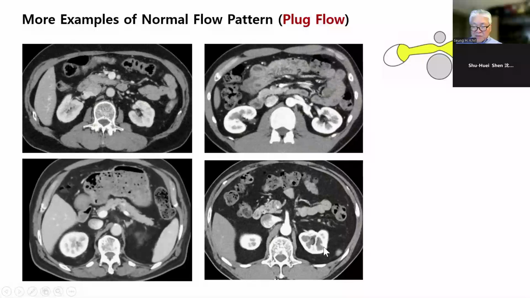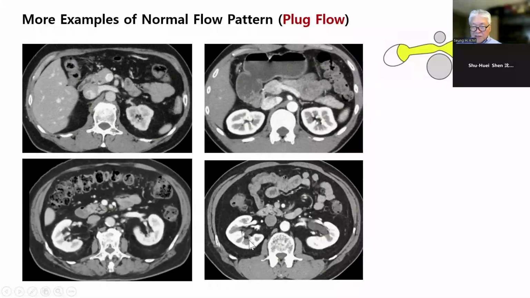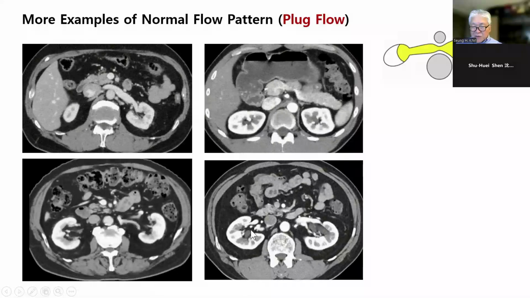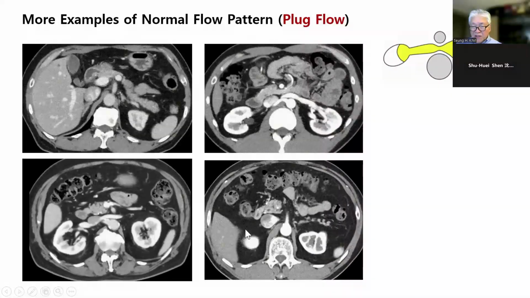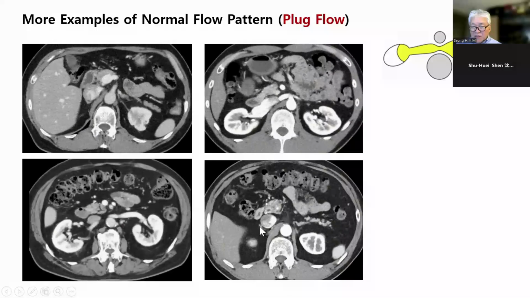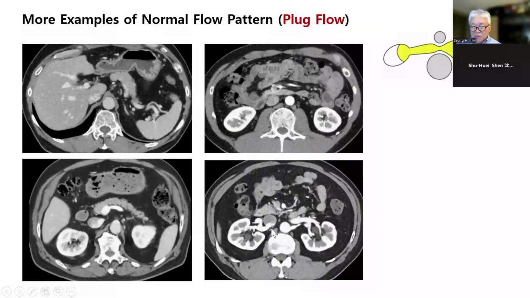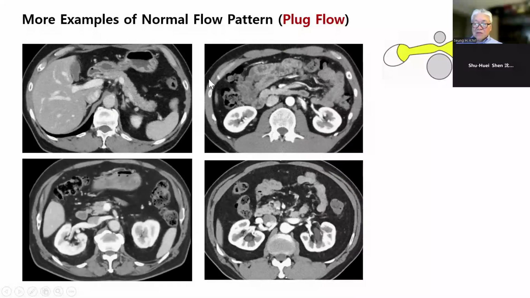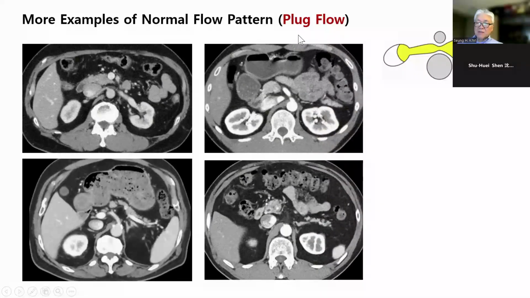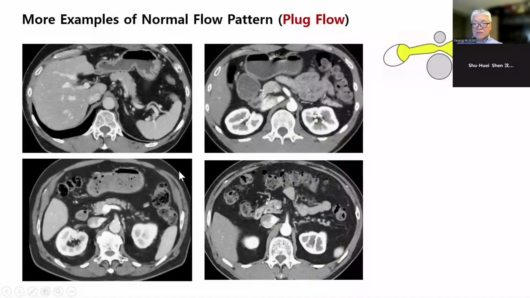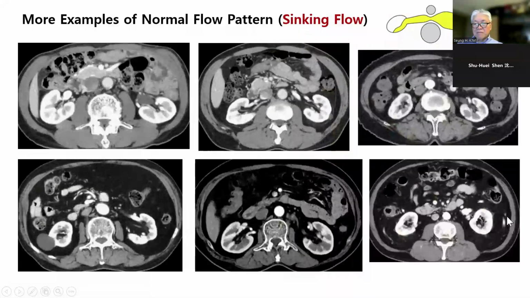Probably in the fourth case you can see the movement of the contrast opacified blood from the right kidney, flowing along the posterior margin of the inferior vena cava. So in all these cases, plug flow pattern 1, and absent nutcracker phenomenon.